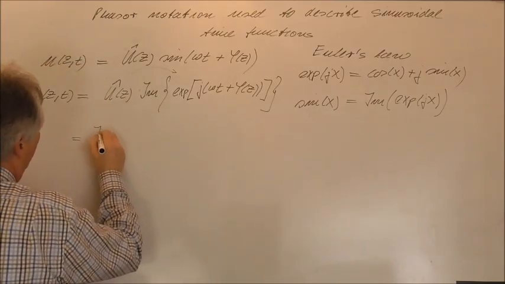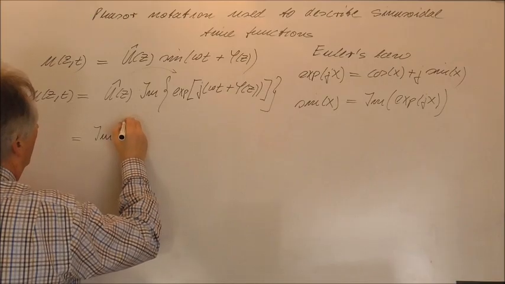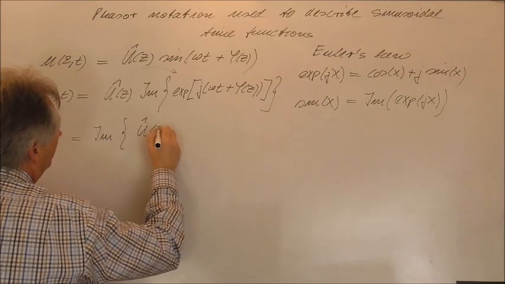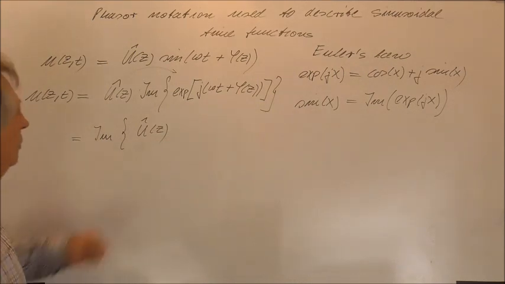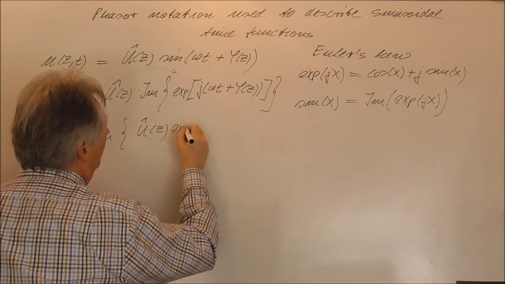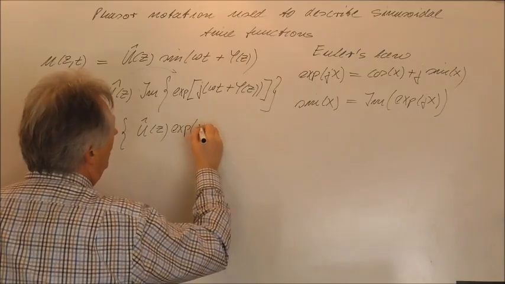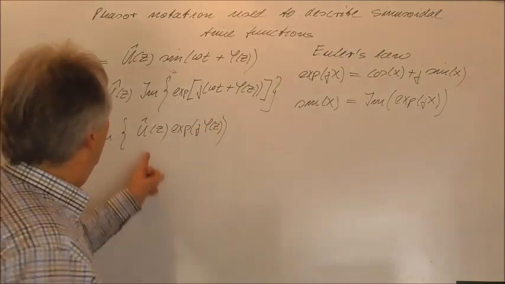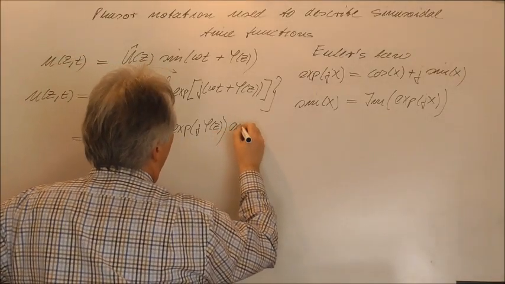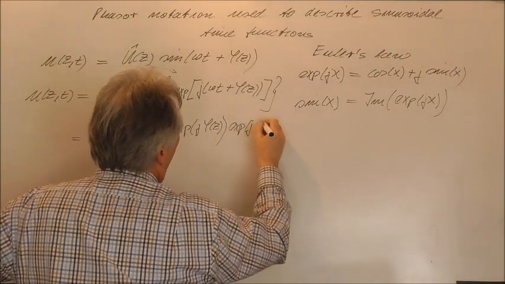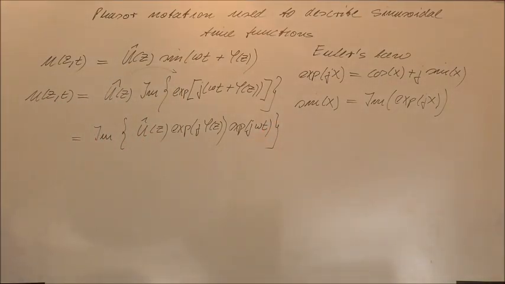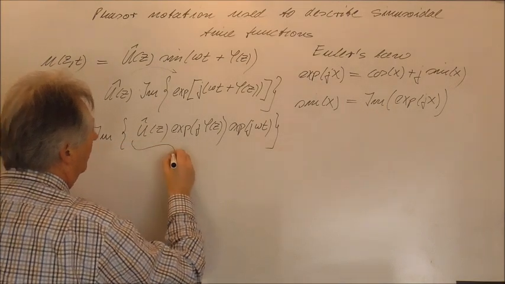So we will have the imaginary part of u of z, this is the amplitude, times the exponential function of j phi of z, times the exponential function of j omega t. And what we will do now, we will introduce a phasor to describe this term.